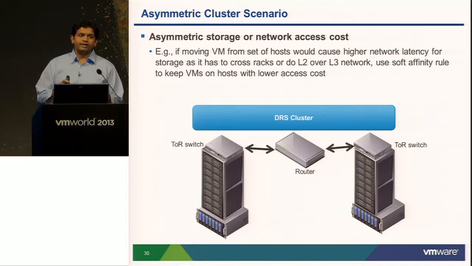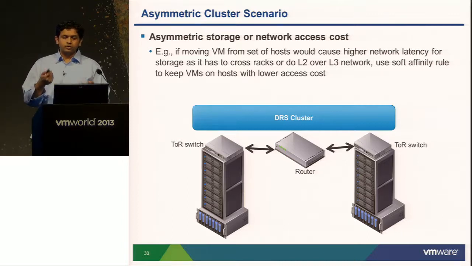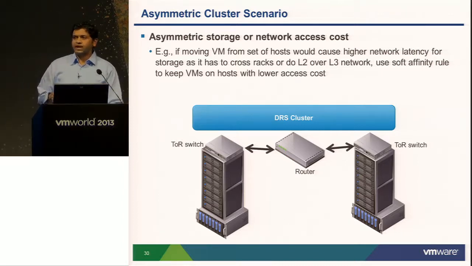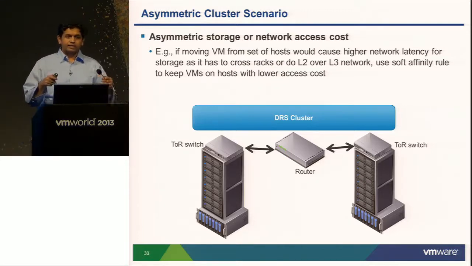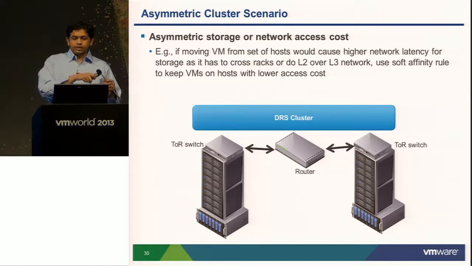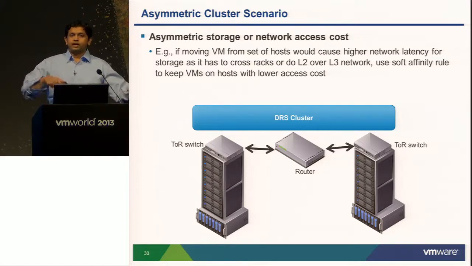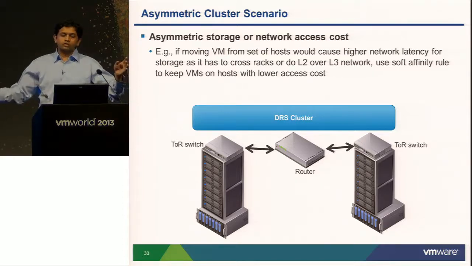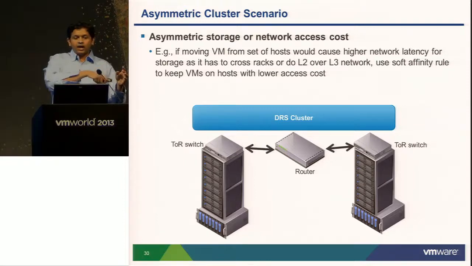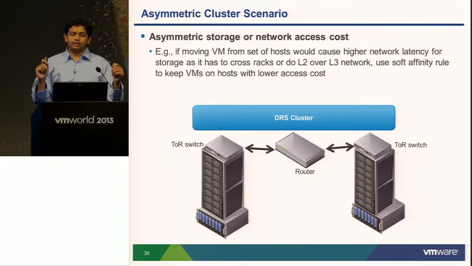So consider an example for using the soft rule. If you have an asymmetric network or storage cost, in this example, you have two data stores, and let's say they are running NFS. If you have a VM on the rack on the left, but its disk is on the data store on the right, then every I/O has to go through the core router, and maybe the bisection bandwidth is contended.